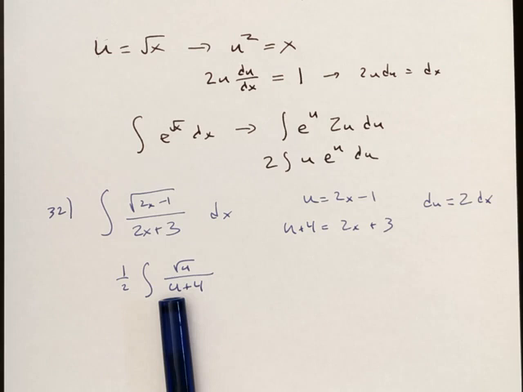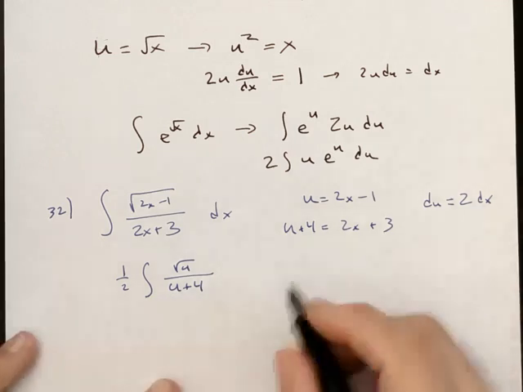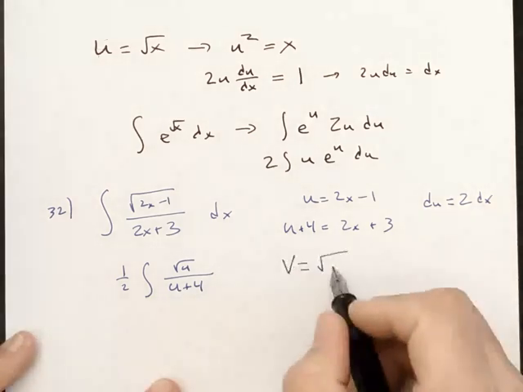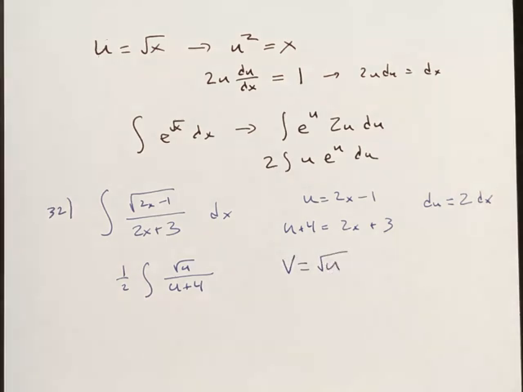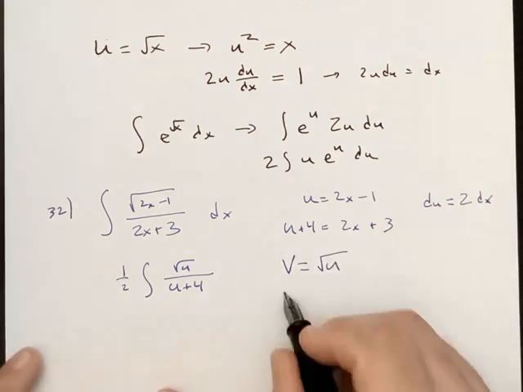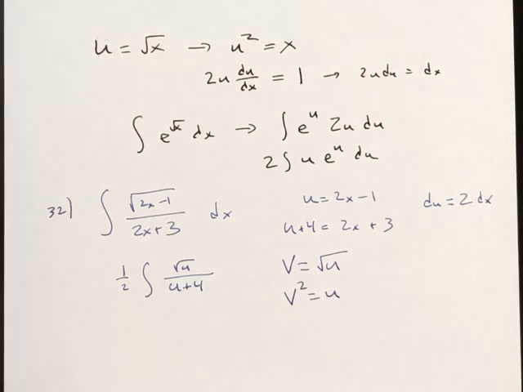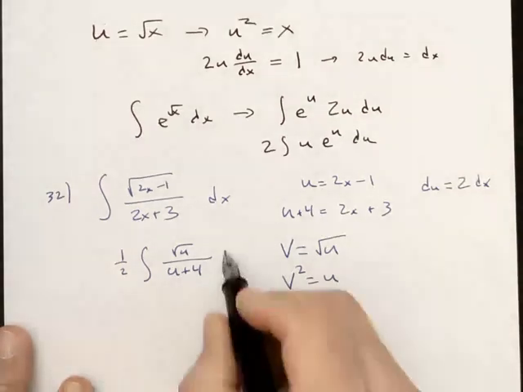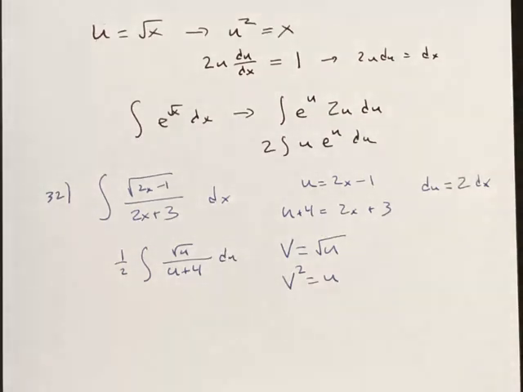That would be a trig sub. So what if I didn't have a u on the bottom, but I had a u squared? Oh, I forgot to write the du here, sorry. You with me so far?